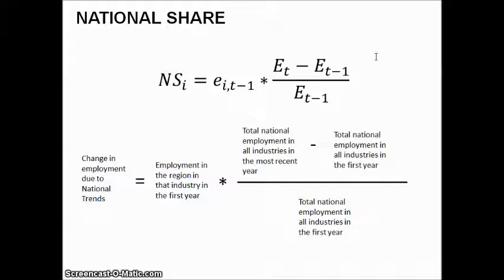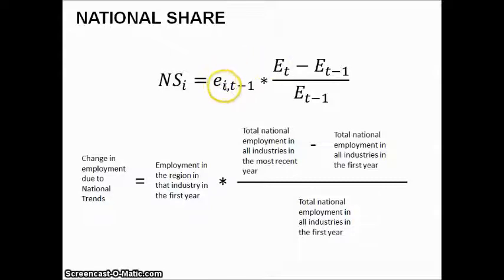Here's the equation for the national share. You start with the employment in the region in a particular industry, I, for the first year you're looking at, and multiply it by the growth rate here of national employment in all industries. Small e means employment in the region, while big E means employment in the nation.